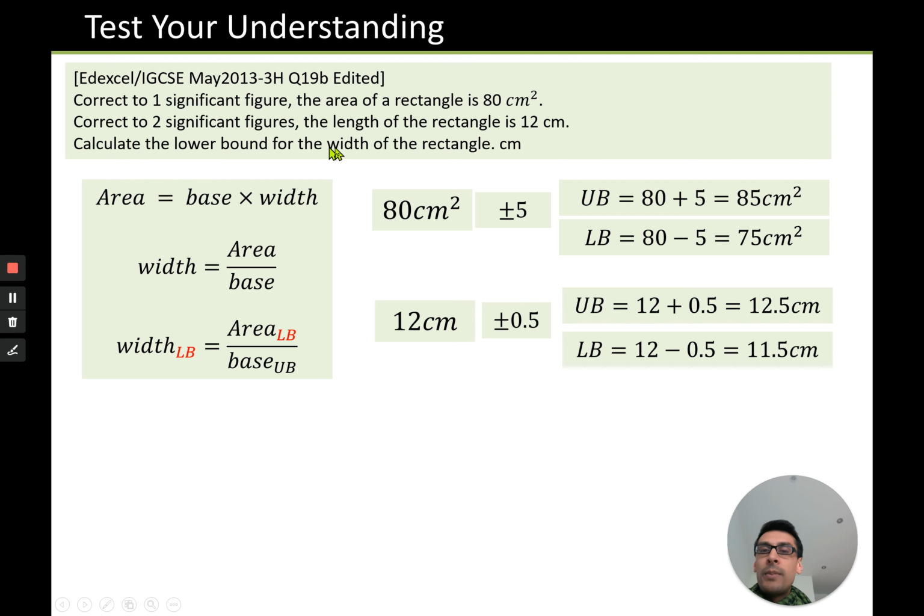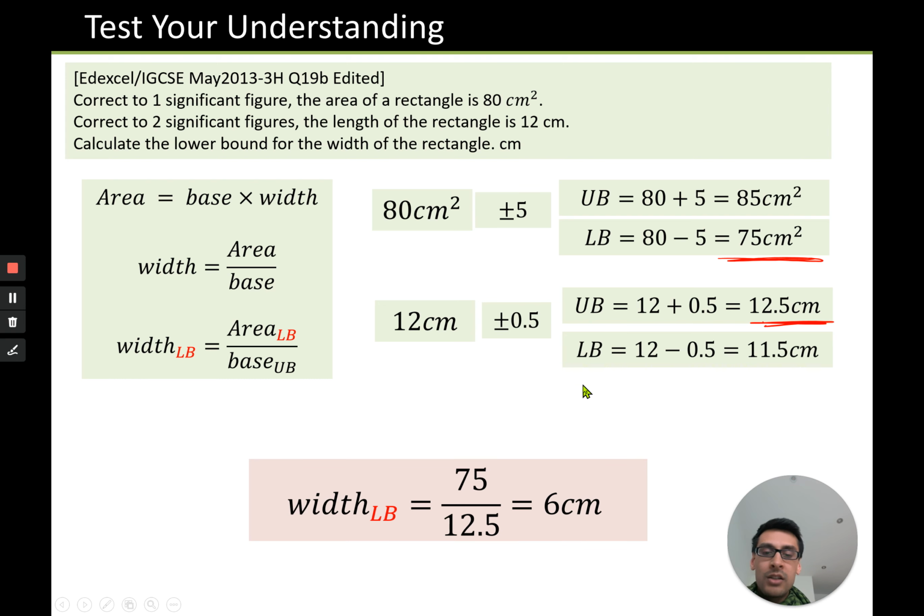Now, the lower bound for the area is going to be 75, and the upper bound for the base is going to be 12.5. So you divide those two by each other, and you get 6 centimetres as the lower bound for the width.